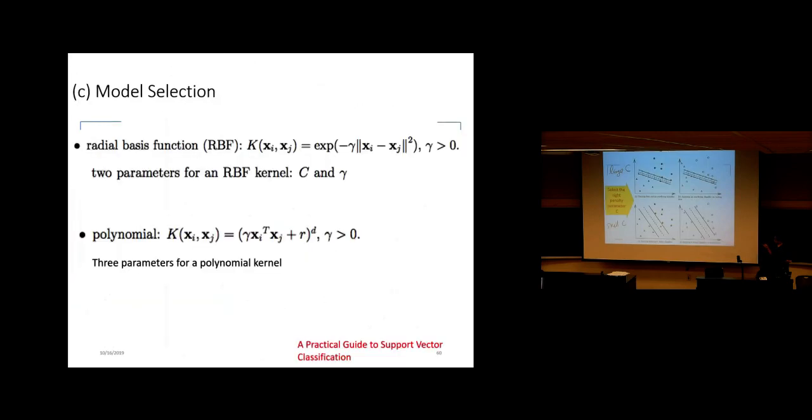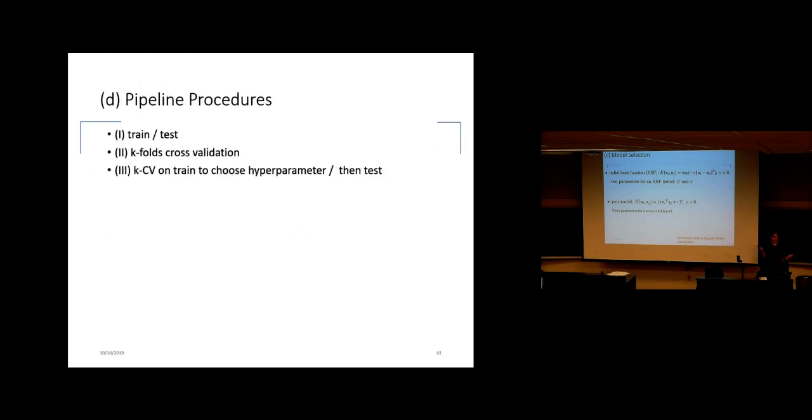As already shown, you can make the choices of RBF or polynomial kernels. There are also a lot of other types of kernels provided by libSVM. But you have to tune the kernel parameter, like gamma for RBF, and the degree D for polynomial. So there are C and also kernel-specific hyperparameters.